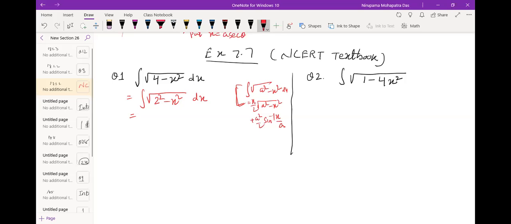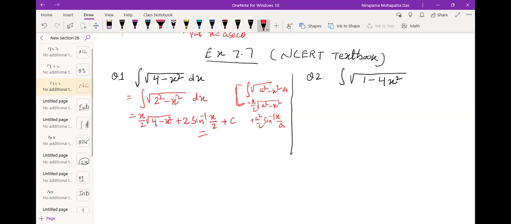So here x by 2 into under root 4 minus x square, plus a square by 2, a square is 4, so 4 by 2, into sine inverse x by 2, plus constant of integration. This is done.